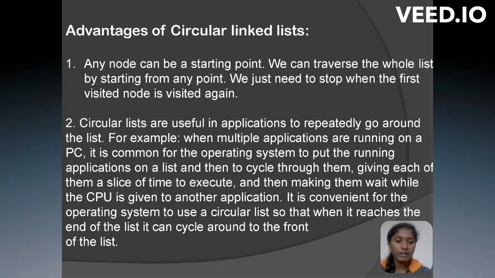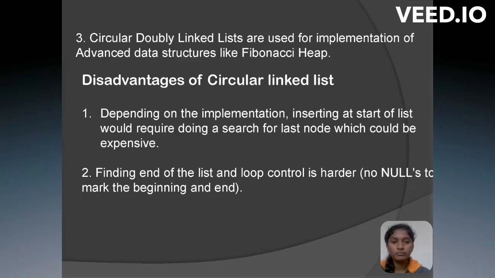It is convenient for the operating system to use a circular list so that when it reaches the end of the list, it can cycle around to the front of the list. Circular doubly linked lists are used for implementation of advanced data structures like the Fibonacci heap.